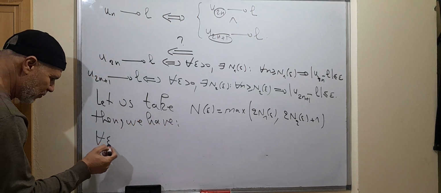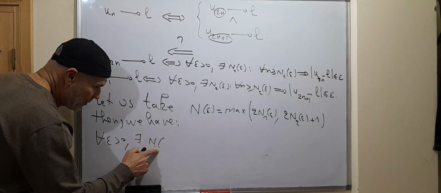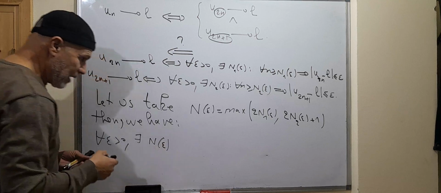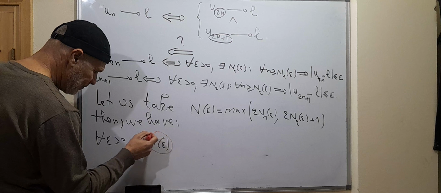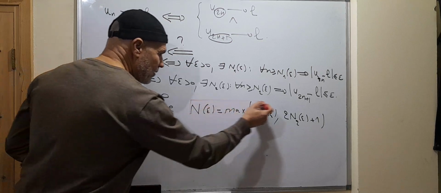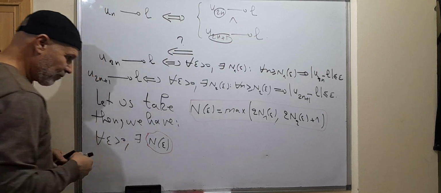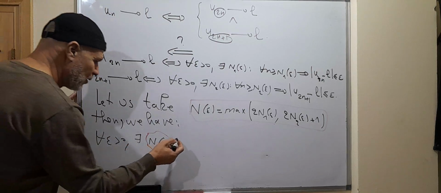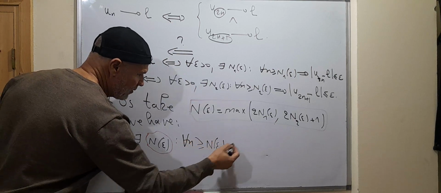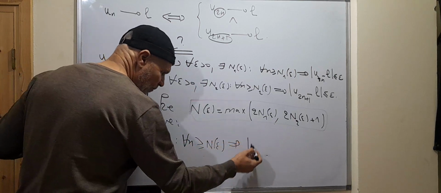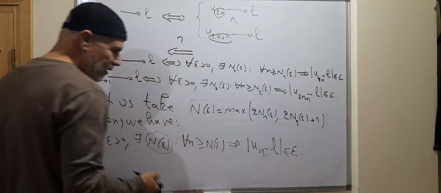for all epsilon greater than 0, there exists a rank N(epsilon), and this N(epsilon) is exactly this one, such that for all n greater or equal to N(epsilon), this implies that the difference is less than or equal to epsilon.